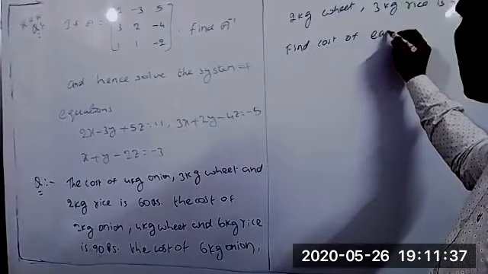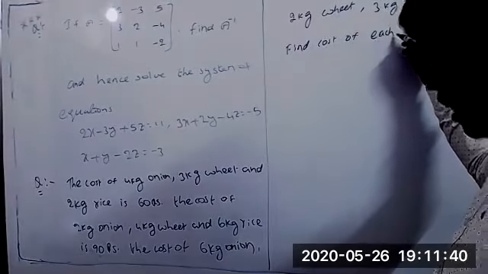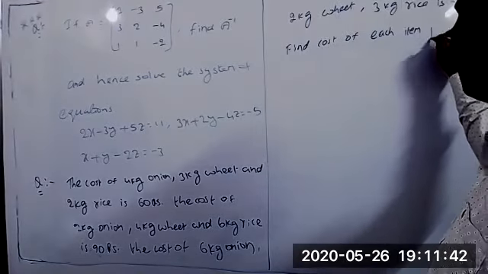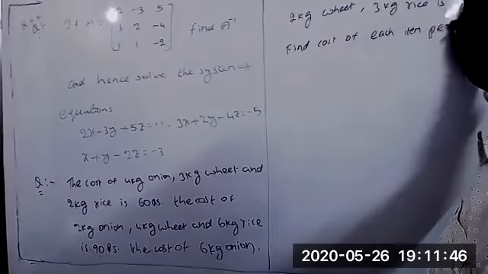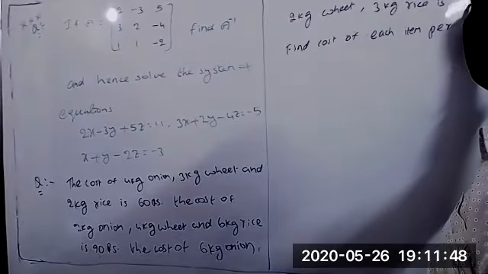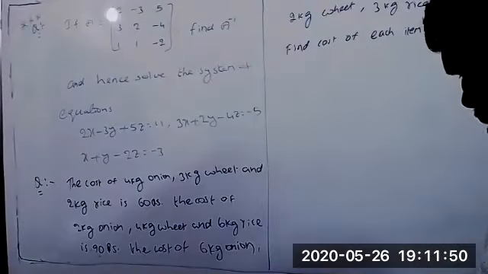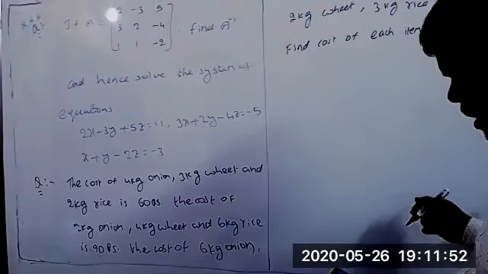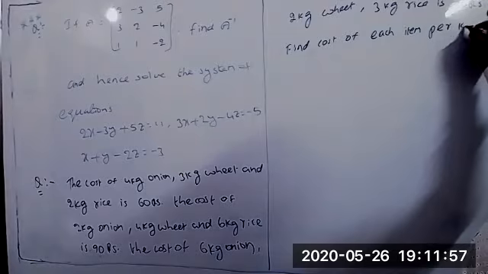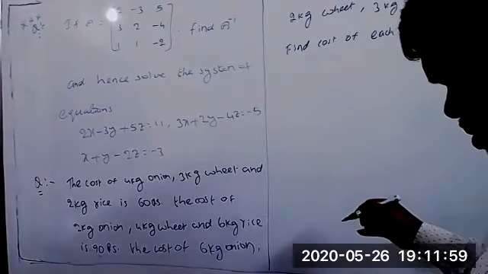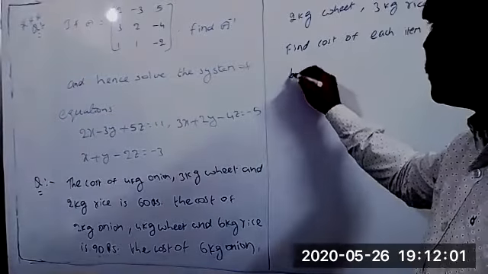Sir, 3 kg rice is how much, sir? 3 kg rice is 70 rupees. Find the cost of each item per kg by matrix method.